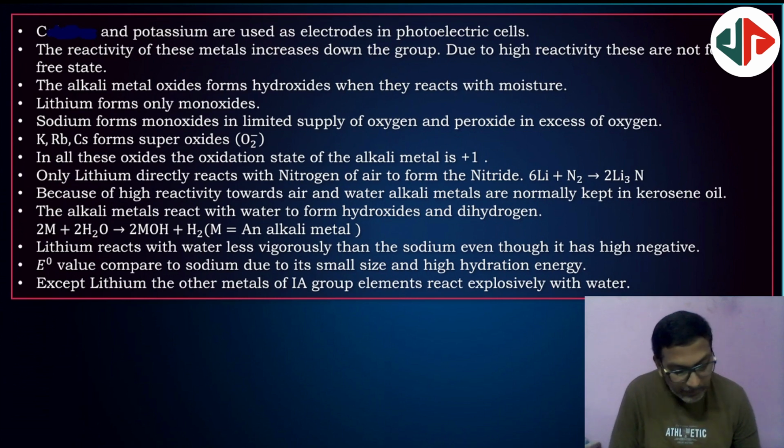Therefore, cesium and potassium are most commonly used in photoelectric cells. Next. Due to low ionization energy values, reactivity of these metals increases down the group. Due to high reactivity, 1A group metals are not found in free state.